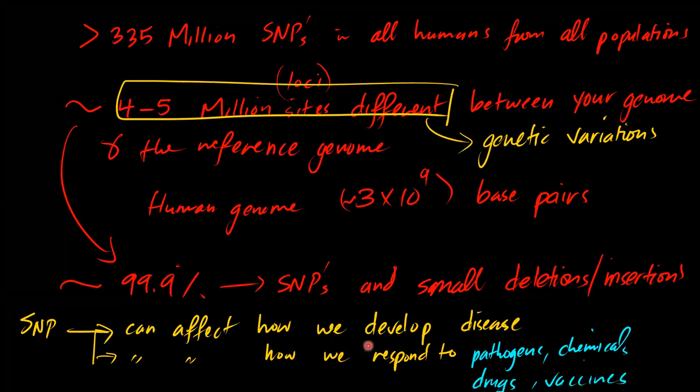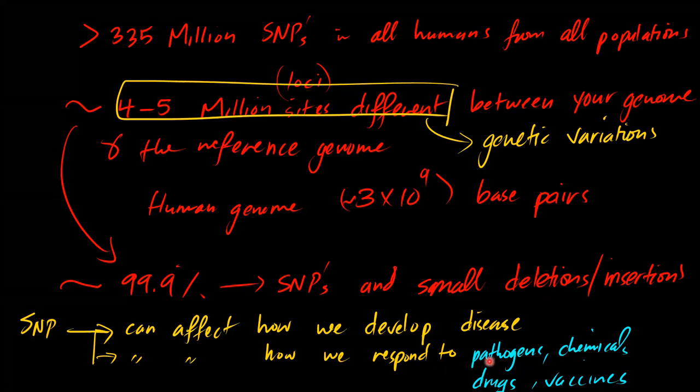So certain types of SNPs will make different people respond differently to pathogens like bacteria and viruses. Some people are more easily infected with viruses or bacteria because they have certain SNPs in their genome. Similarly, some people might respond to drugs in different ways because they have certain types of SNPs.